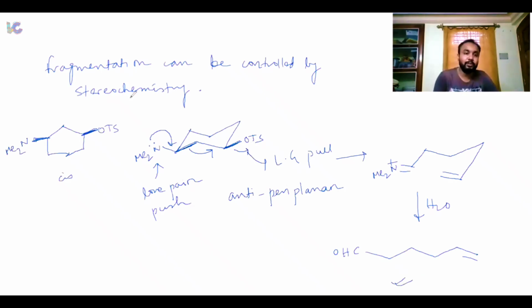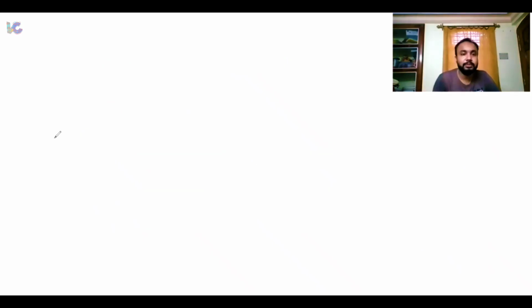Here we have a cis isomer. Now if we take a trans isomer, what will happen? Here we have the OTs group, and above the plane we have the NMe2 group.